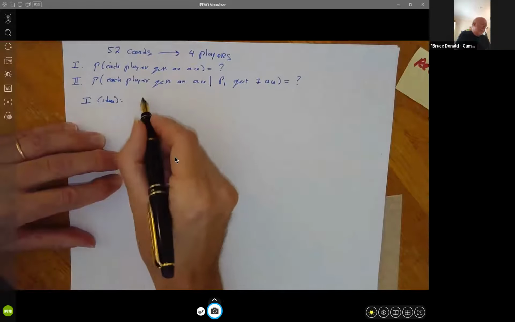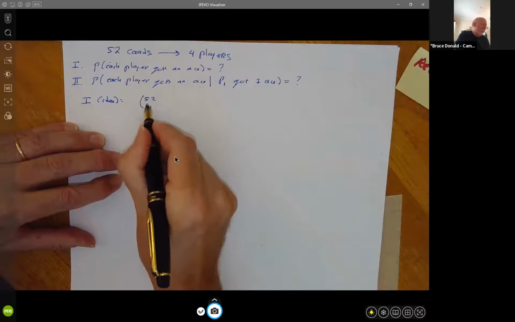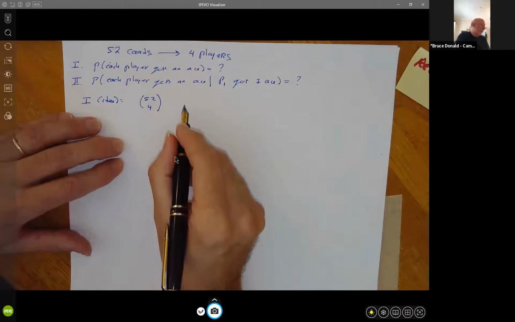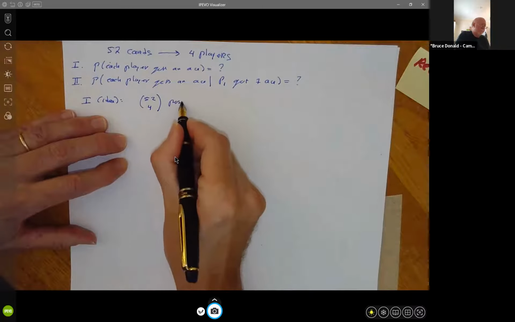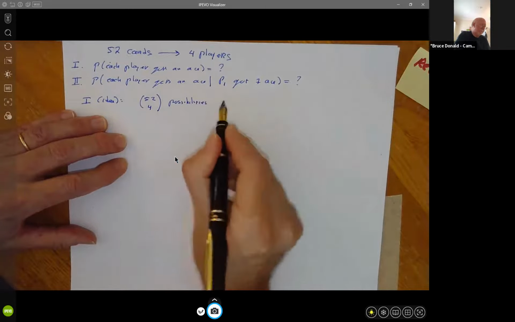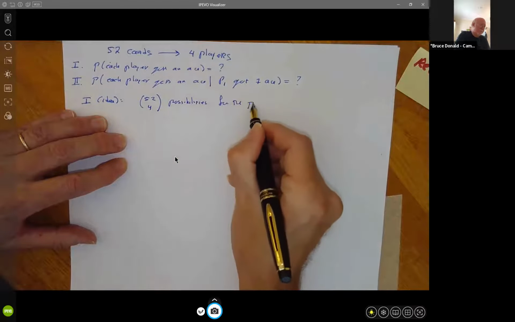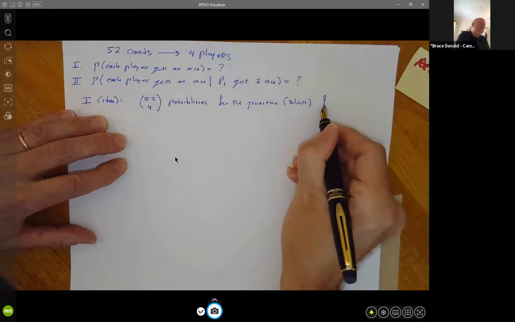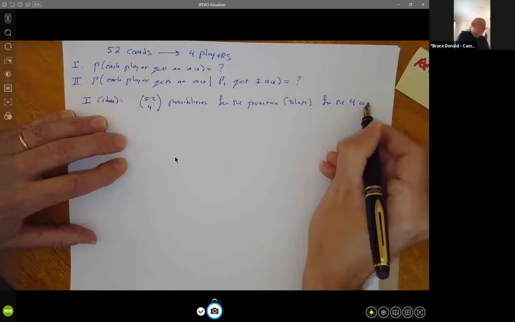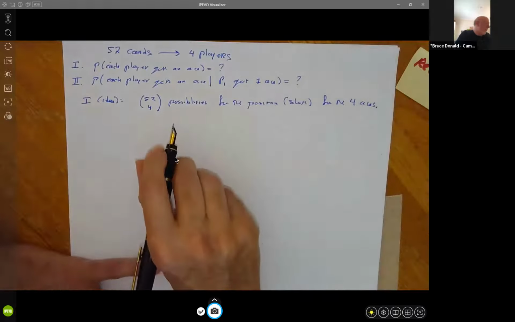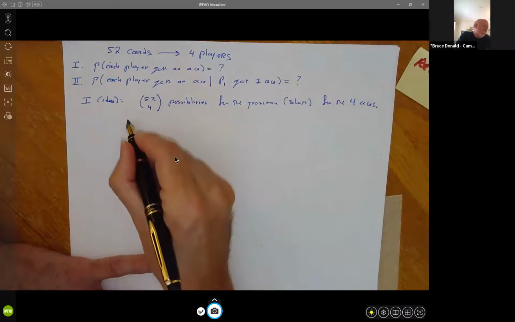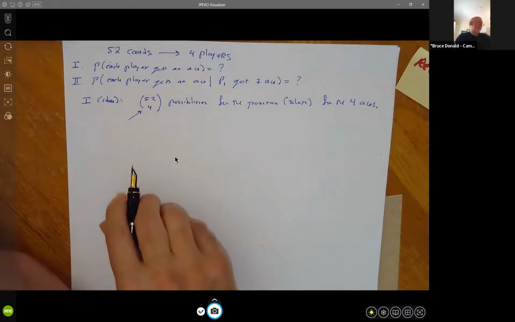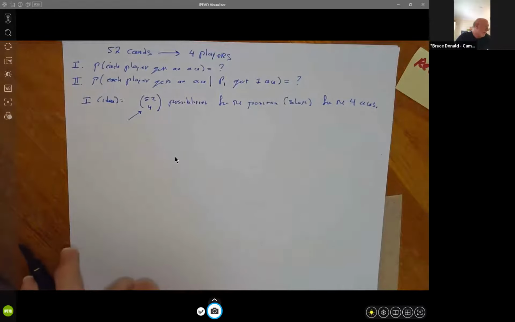So by that reasoning, there are 52 choose 4 possibilities for the positions or slots for the 4 aces. So that's our universe of possibilities, which will be the denominator of a probability. Now, out of these, the number of positions that give each player an ace is 13 to the 4, right?